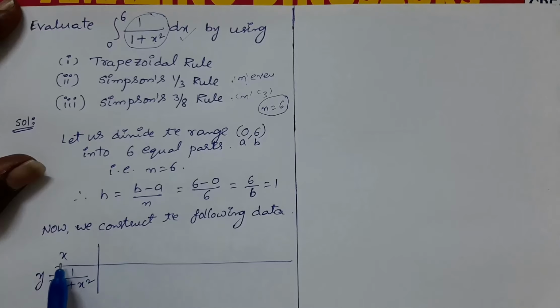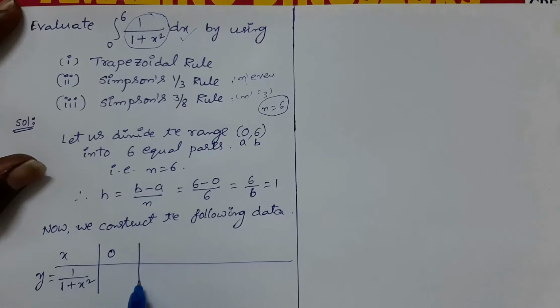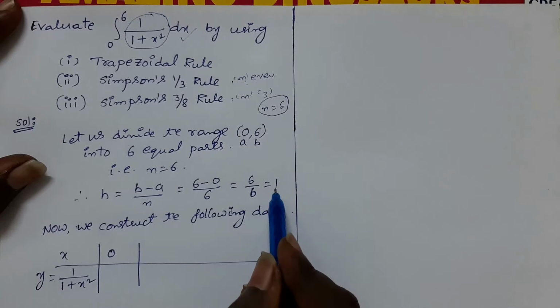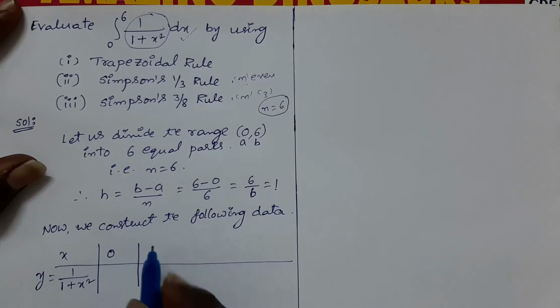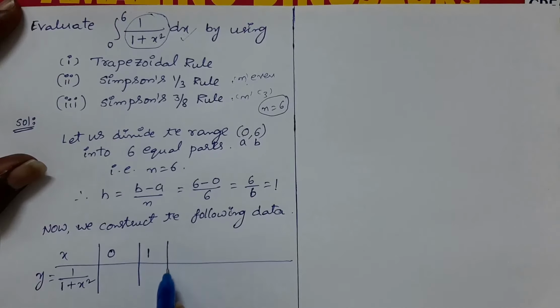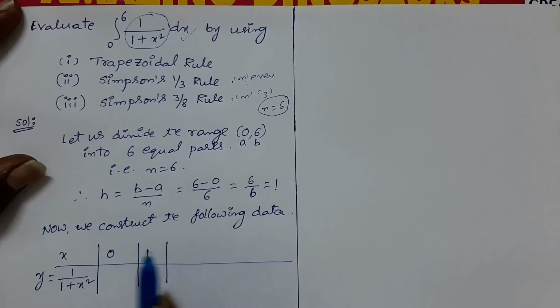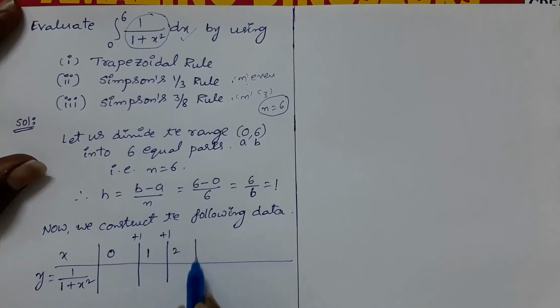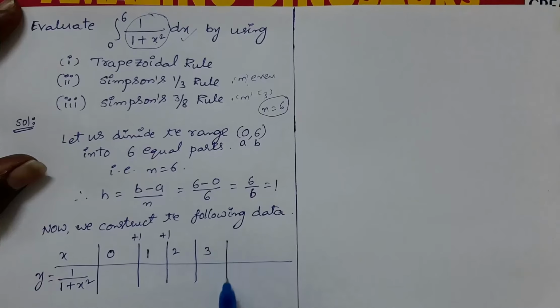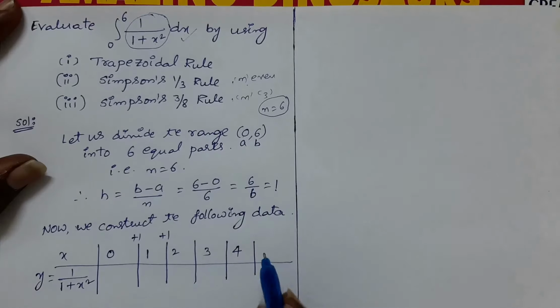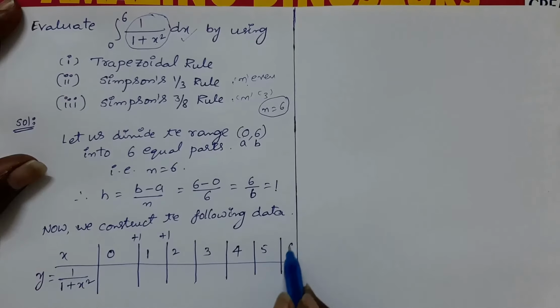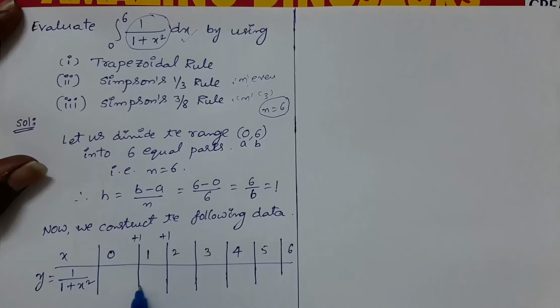So let us start the x values from the lower limit 0, and add the interval difference 1 to the x value. So 0 plus 1 is 1, this is the next value of x, and add another 1. Every time you should add the interval difference. You will get 2 and you will get 3. We continue the x values till we get the upper limit, which is 4, 5, 6. These are the subintervals for the given range.